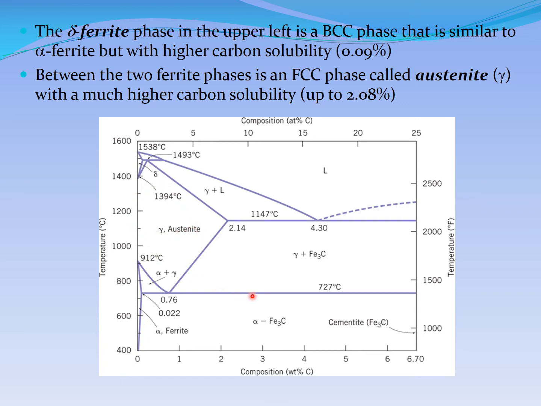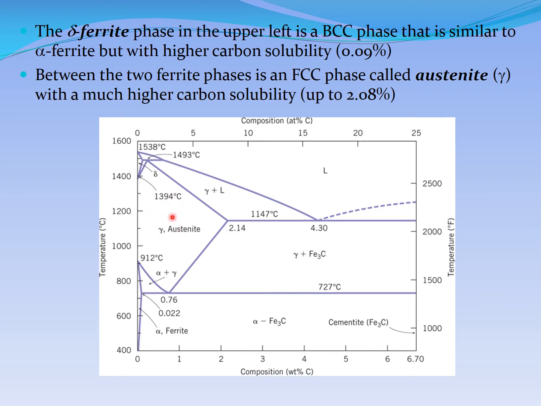This is above 727 and say below 1400. So if you are a liquid here, when you hit this, then some of the liquid will change into gamma. And when you keep on dropping, then all of the remaining liquid will become austenite, right?